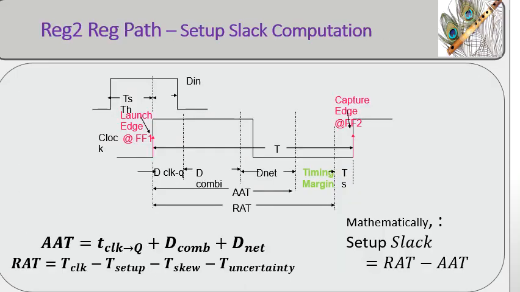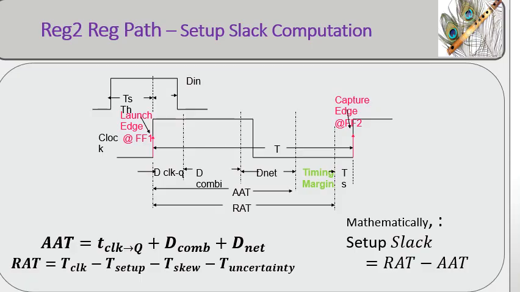This waveform illustrates the setup timing analysis of a reg-to-reg synchronous timing path. Data is launched from the source flip-flop FF1 at the active clock edge. The launched data propagates through the clock-to-queue delay, combinational logic delay, and interconnect delay. The total propagation delay forms the actual arrival time, or AAT, of the timing path.